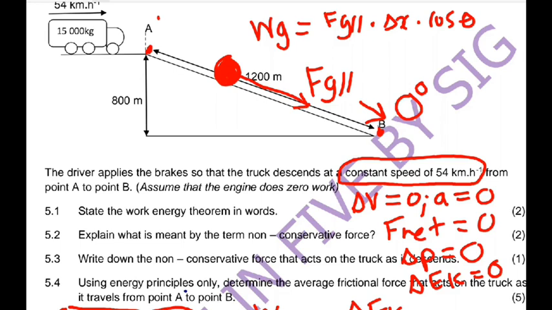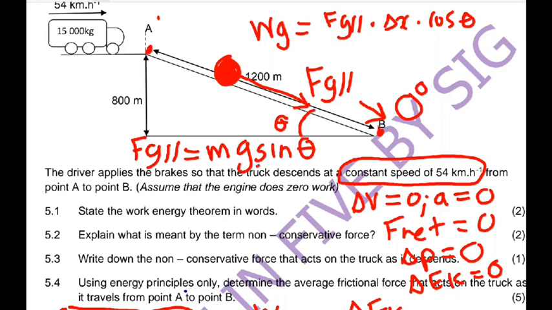That's fine. So, what is Fg parallel? Well, components are either cos or sine. So in this case, Fg parallel is mg times the sine of theta. Right? Now, do we really have to calculate this angle theta? Because we want the sine of theta.